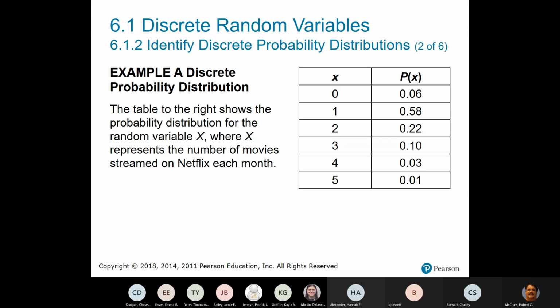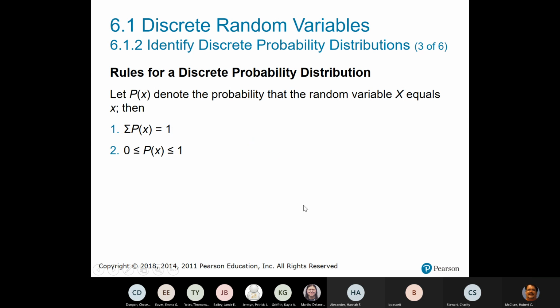Now, they're going to give you 3 test questions on the next 3 slides, so you might want to write them down because they're also good standardized test questions. Okay, there's the 2 tests. The summation of the probabilities should equal 1. Each probability should be between 0 and 1.